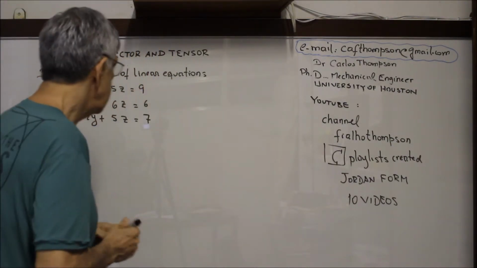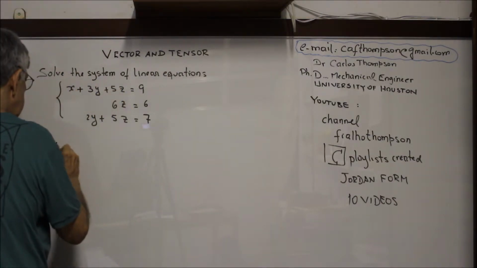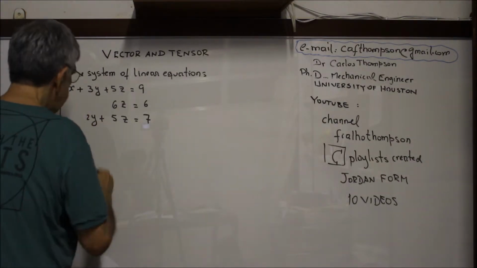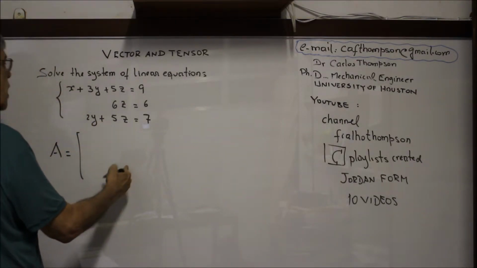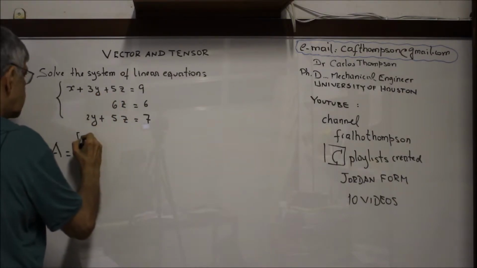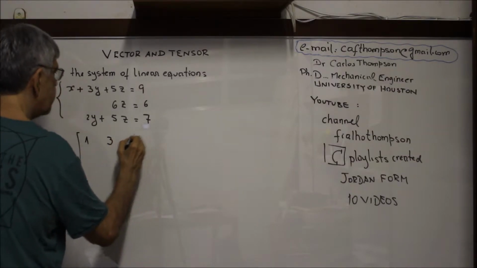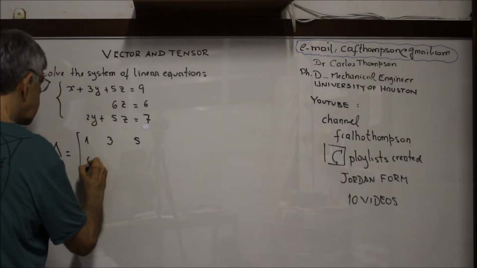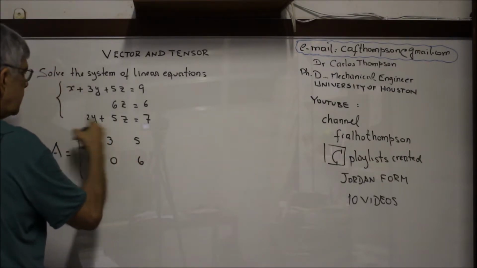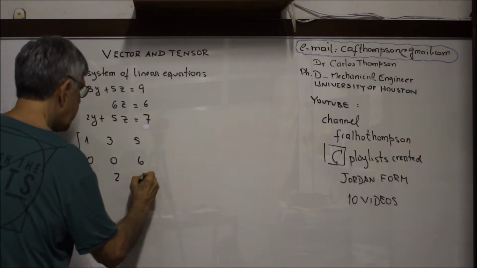Now, this is my matrix A. The elements of this matrix are the coefficients of each unknown. So this is 1, 3, and 5. Now, 0, 0, and 6. And the last row is 0, 2, and 5.